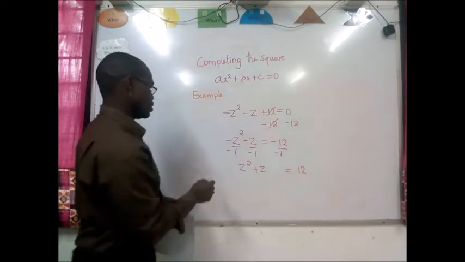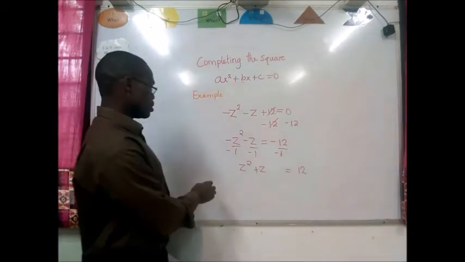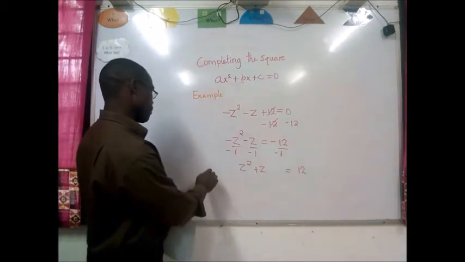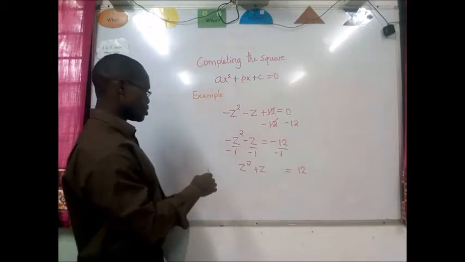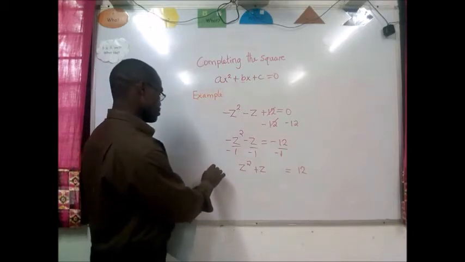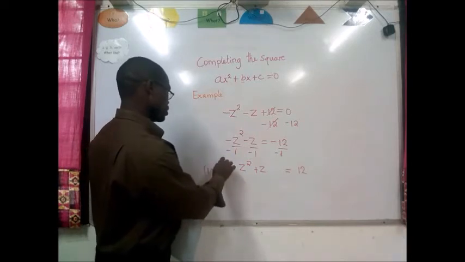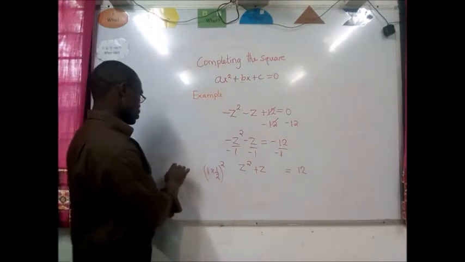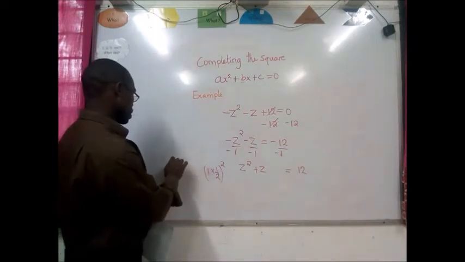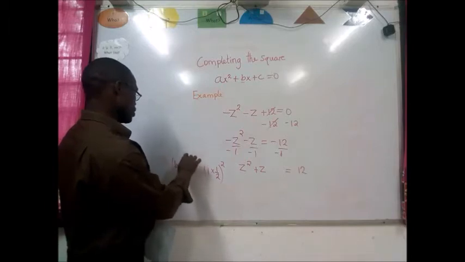Here the coefficient is 1, so 1 times half, and we square it. The formula that we use is b times half, squared.